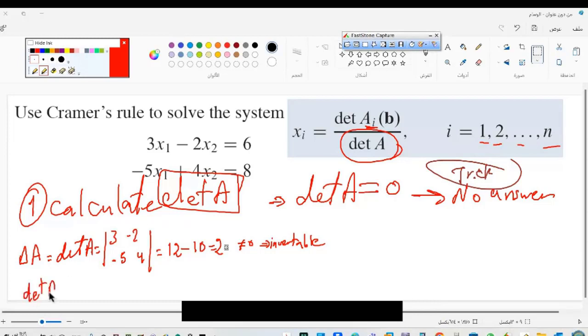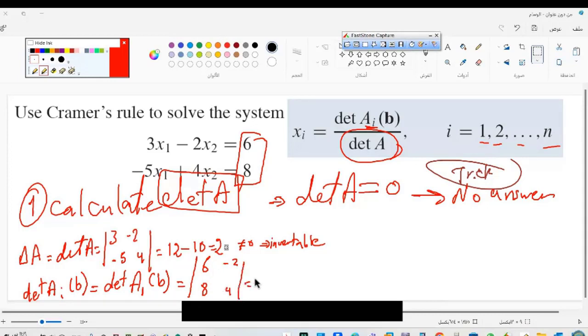Det A1(b). This is for x1. What I have to do is take the b numbers instead of the first column: 6, 8, minus 2, 4. 6 times 4 is 24, minus with positive, 16, so it is 40.